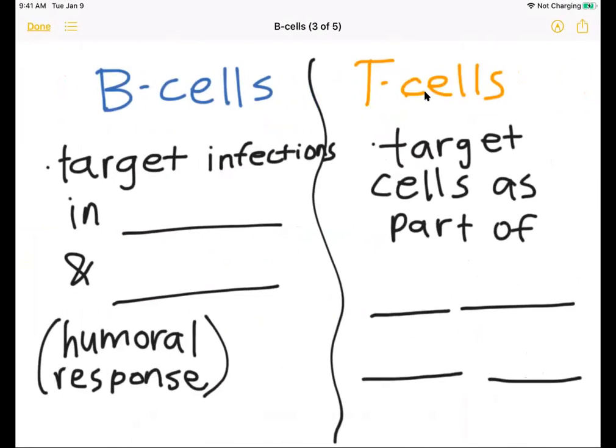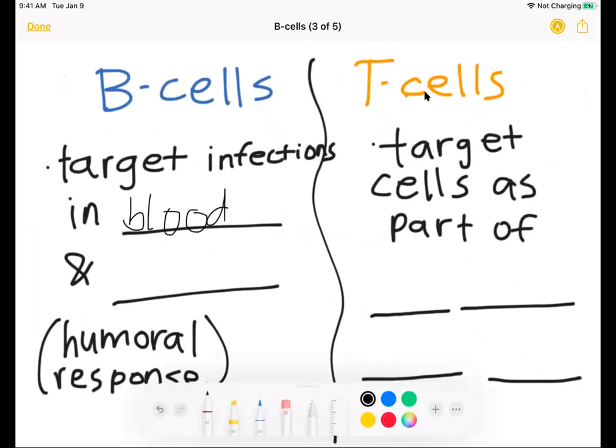And then lastly, I would know about B cells and T cells. I believe you're going to have a project that deals with these two, but to give an overall definition, B cells target infections in blood and lymph. They have a humoral response.